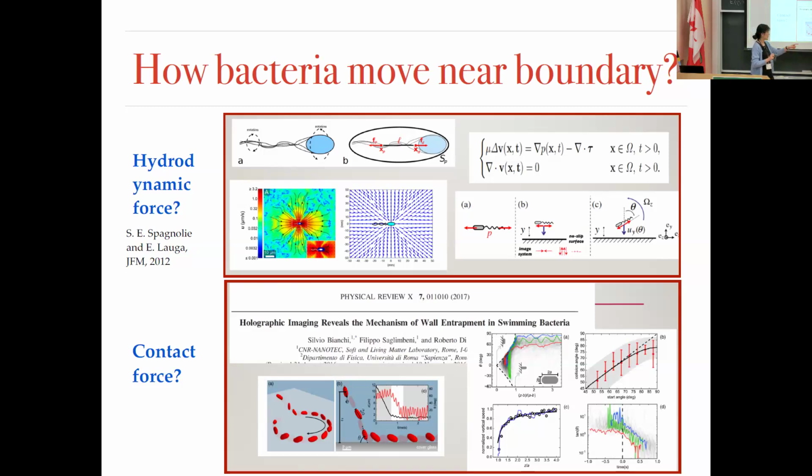Then it will spend some time on the surface of the wall, which is quite different from the classical particle, because when a classical particle collides with the wall, it just bumps back immediately. But for the self-propelled particle, the phenomenon is quite different. They stay on the wall for some time, either because of the fluid effect, or just because of the self-propelled force by their flagella.